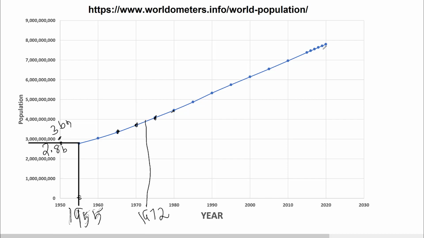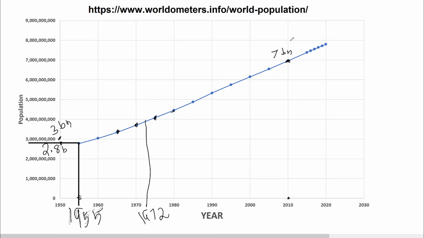Sometimes you can read it very accurately. For instance, in the year 2010, it's very close. It can very safely be said that it's about 7 billion people, right?